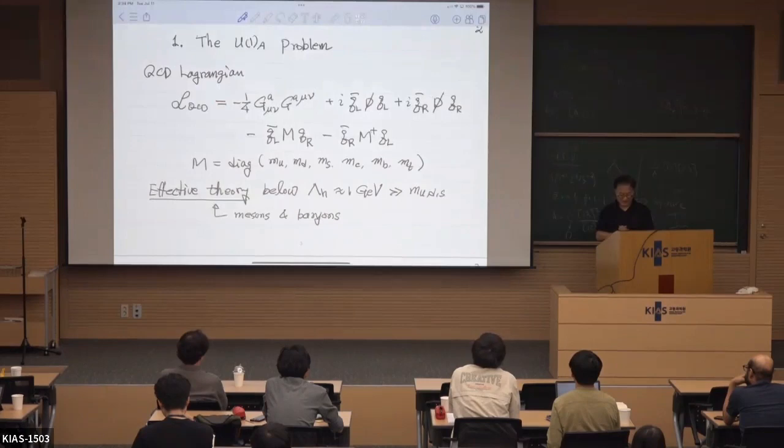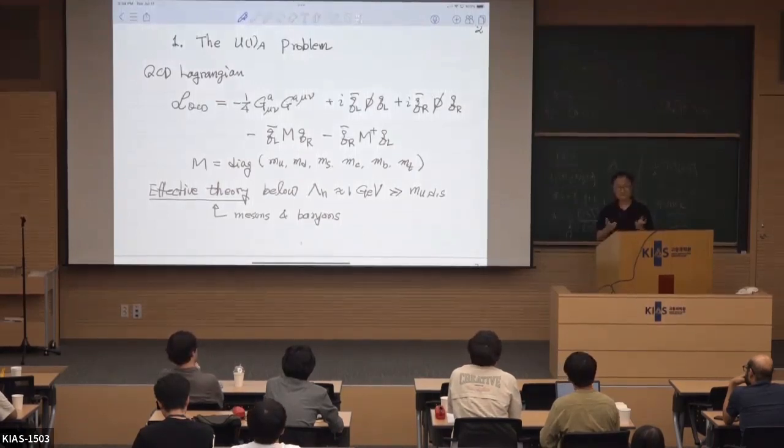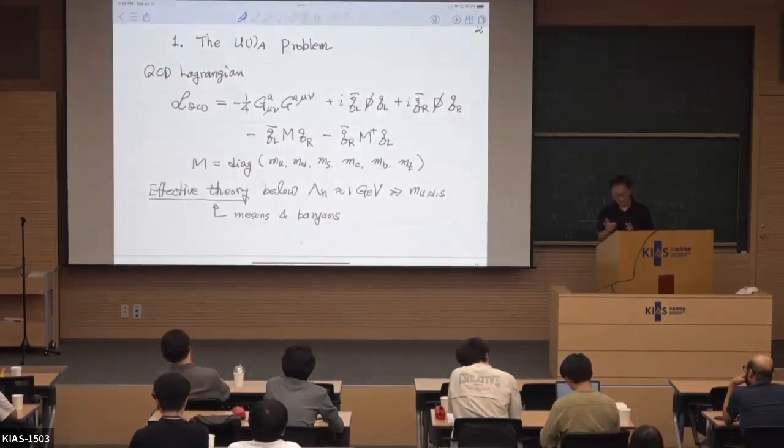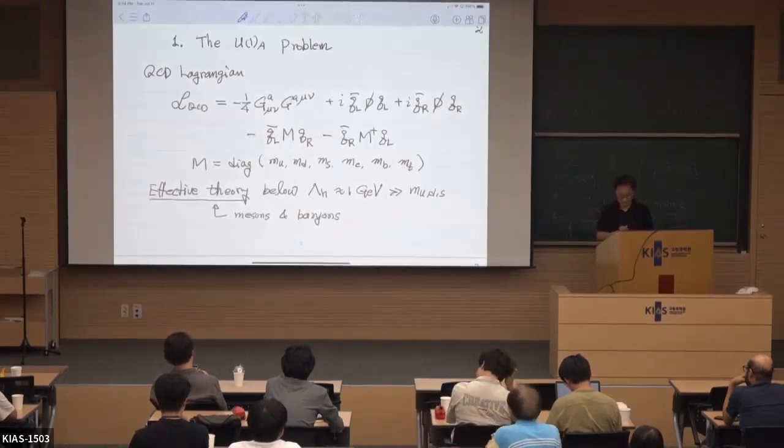And then the mass M here, let's just take diagonal masses, m_u, m_d, m_s, the 6 quark real positive masses. So I wrote M and M dagger formally, but taking them real positive, the dagger has no meaning here. But anyway, since there can be some phase in the mass, I just keep track of M and M dagger.